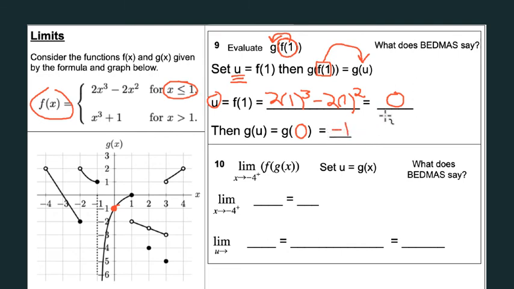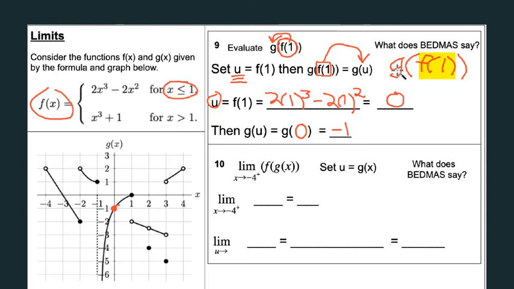Okay, so again, the question here was to do g at f at 1. So what we need to do, we have to do f at 1 first, okay?